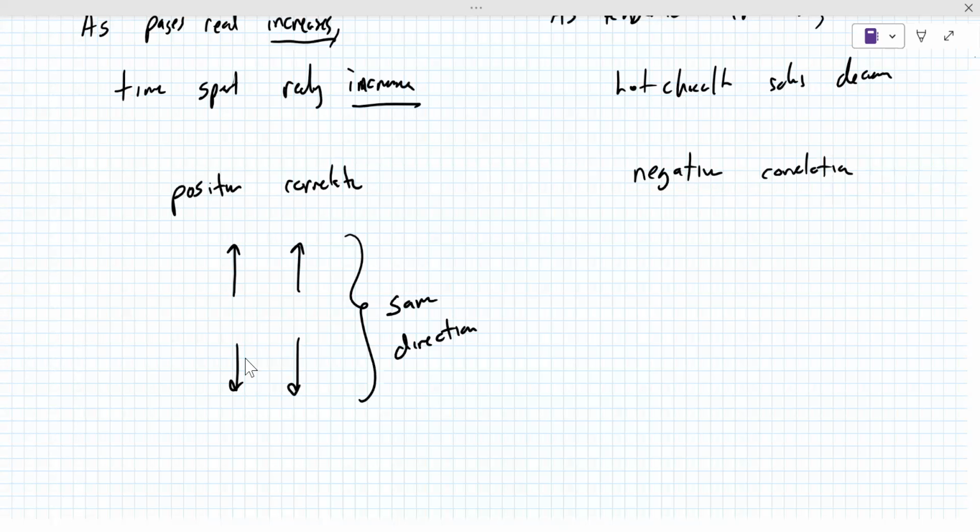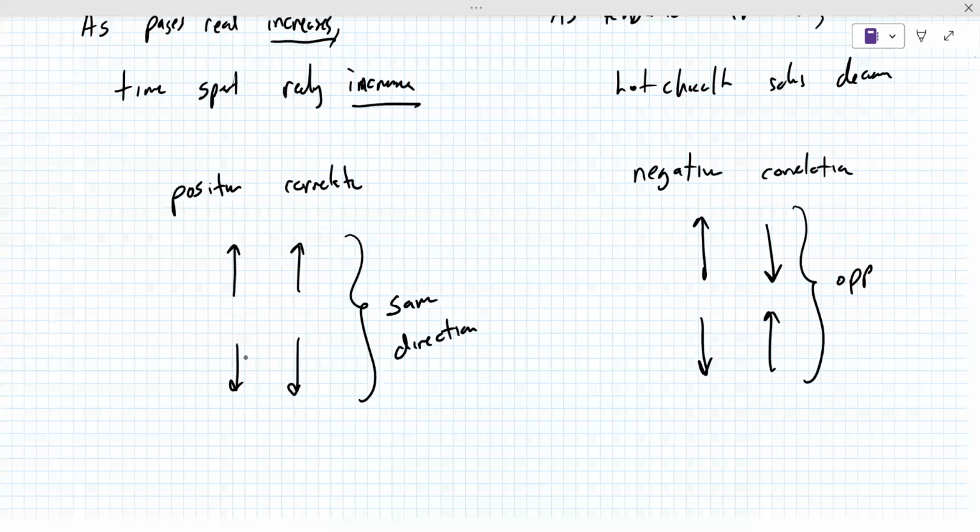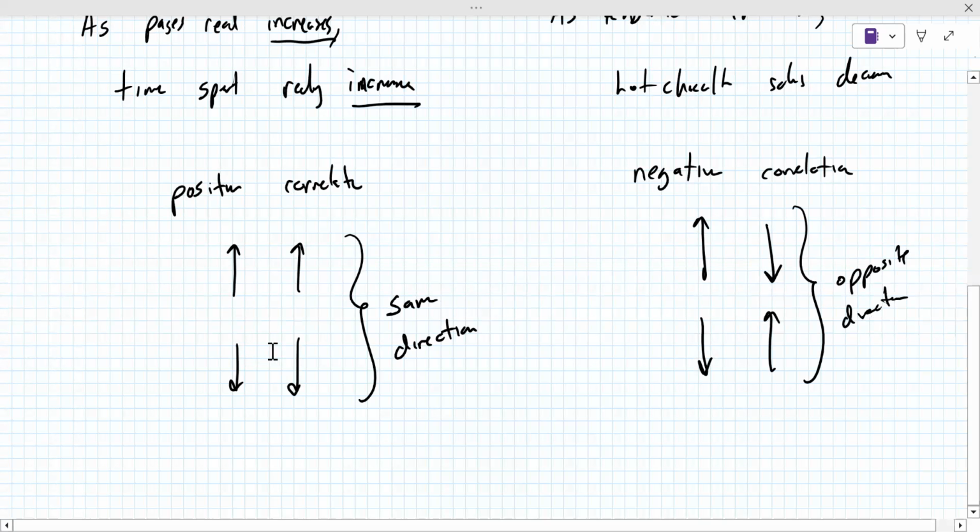It's referring to really what's called inverse, which is as one increases, the other decreases. Mm-hmm. And if one is decreased and the other increases, this is considered opposite direction. Okay.